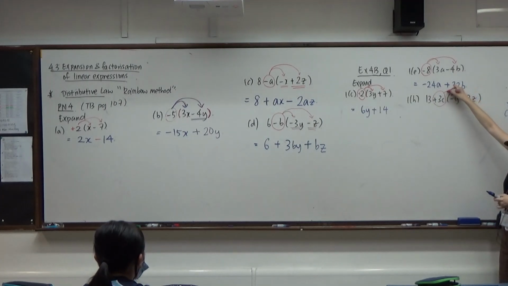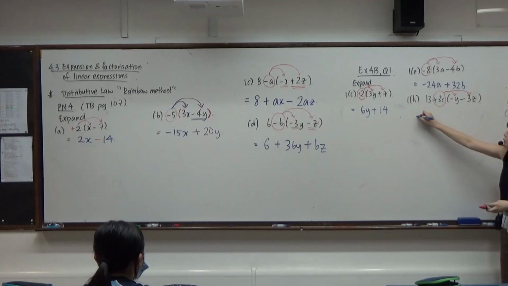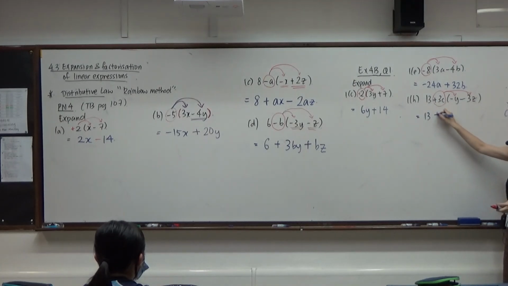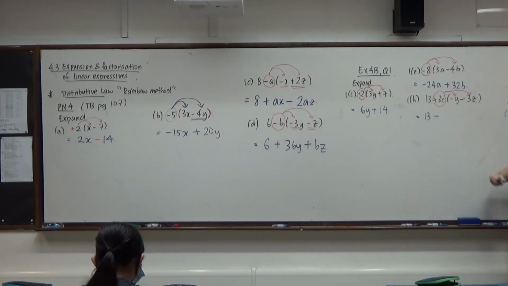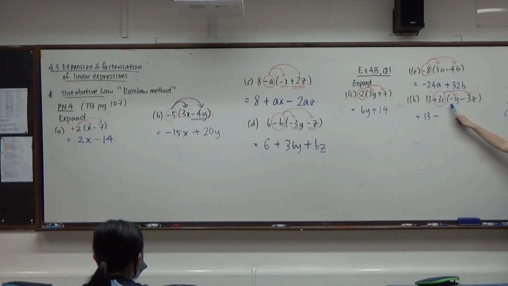So we do our rainbow in this manner. We will take our 13 plus 3c minus y. This is a plus and this is a minus, so strictly speaking, this shouldn't be a plus anymore. It should actually be a minus. 3c times y, I will get my 3cy.